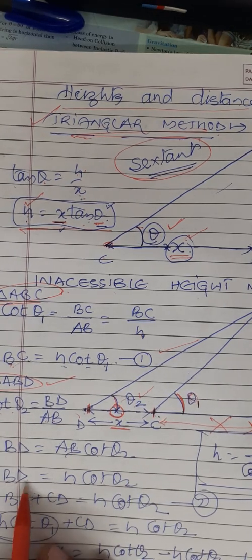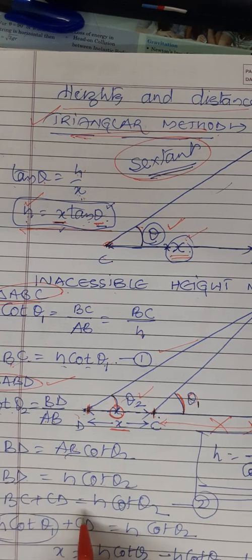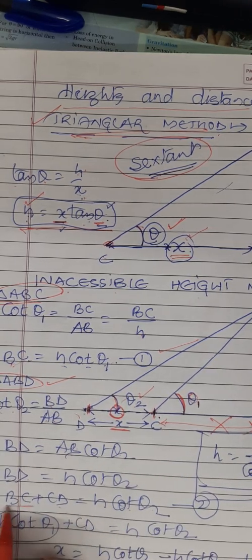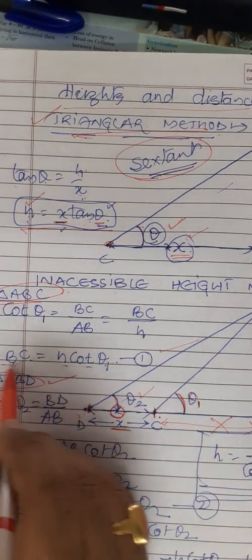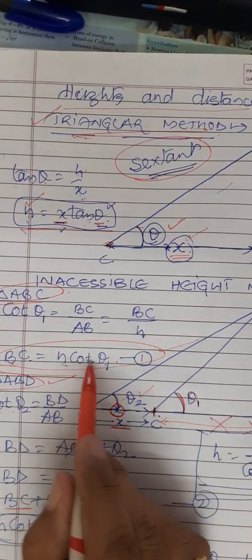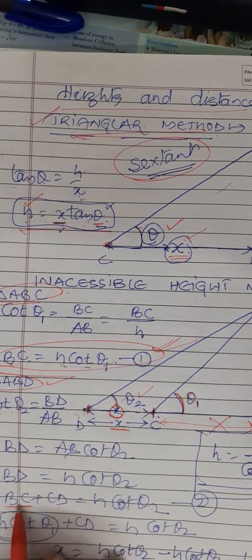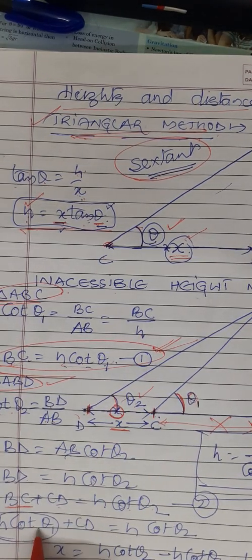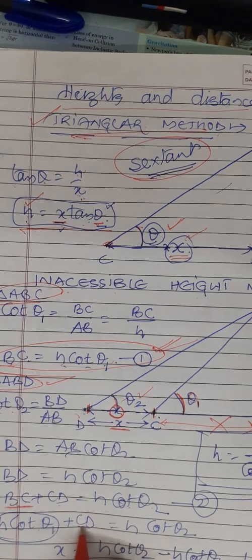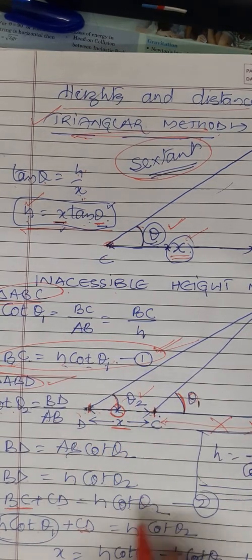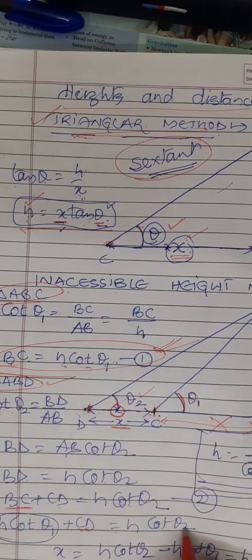Further, BD can be written as BC plus CD, and that is h cot theta 2. For BC, from equation 1, BC is h cot theta 1. If I use this over here in place of BC, I will get h cot theta 1 plus CD, which we put as x, is equal to h cot theta 2.